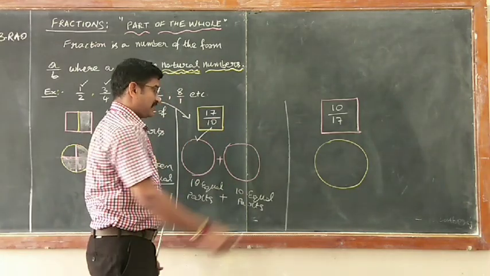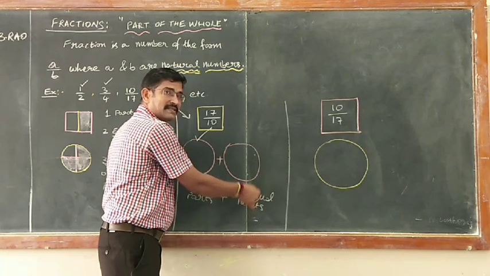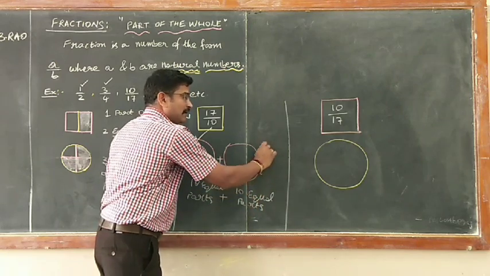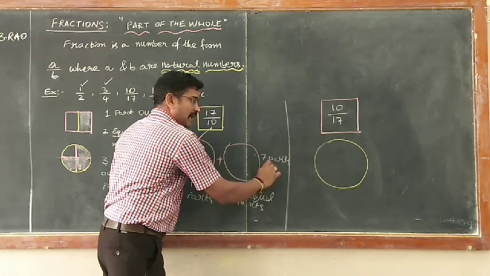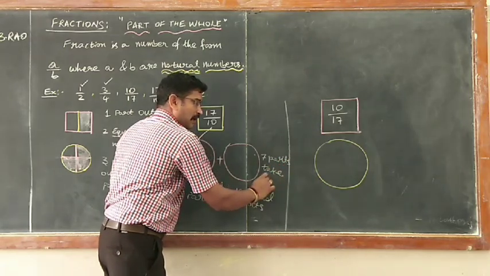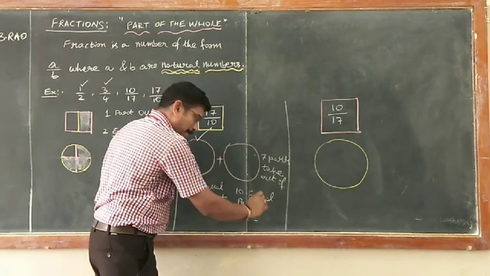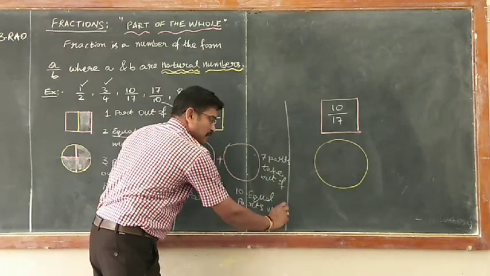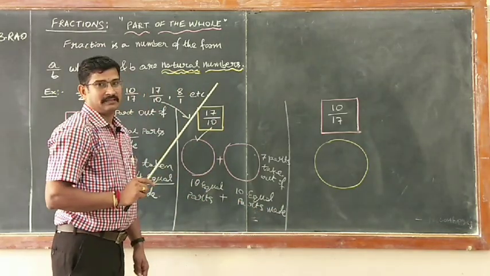Along with that, in the second full made into 10 equal parts, we take 7 parts out of the 10 equal parts made. So, this is the meaning of 17/10.